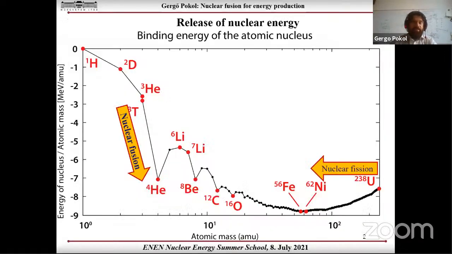The first slide that I show you is something that probably you've seen already, some kind of it. It's the specific energy of the nucleus, I mean, the binding energy divided by atomic mass, plotted as a function of atomic mass of different nuclei.